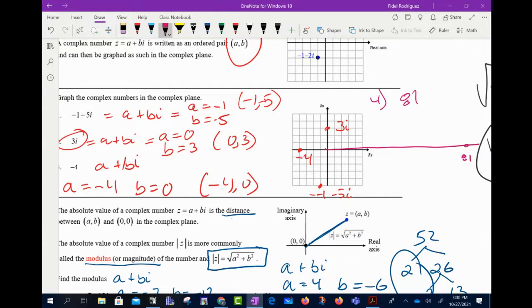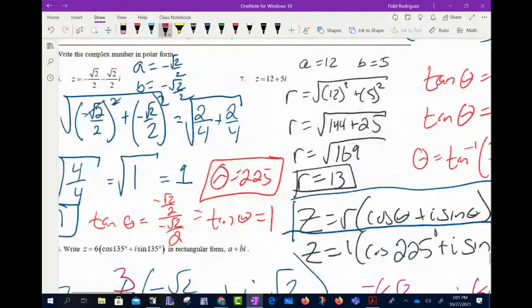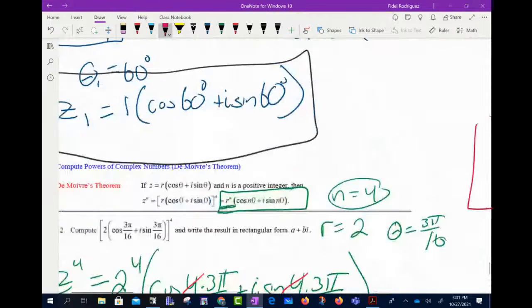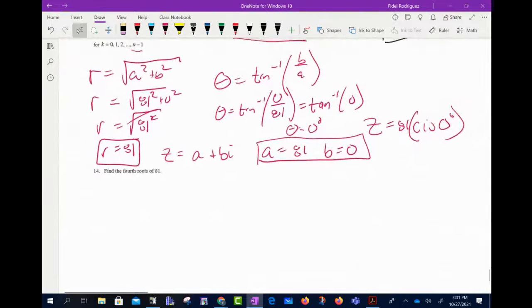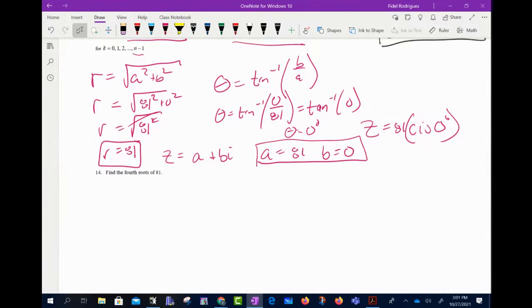So 0 degrees is not actually in a quadrant, but because the point is on 81, wouldn't that point be all the way over here? That's why we know we're at 0 degrees and not pi. Does that make sense? Good question, very good question. Anything that's on the axis is not in a quadrant, because the quadrants are the four little pieces, not the boundaries themselves.